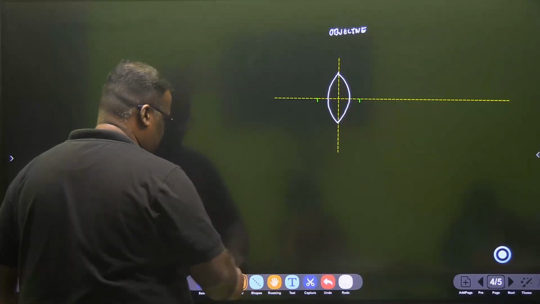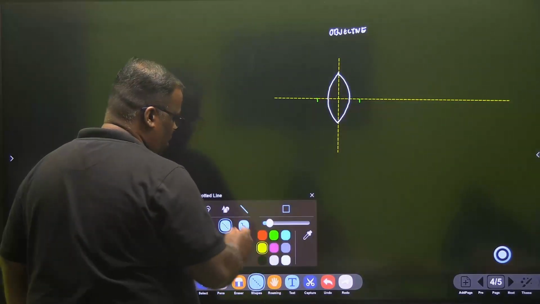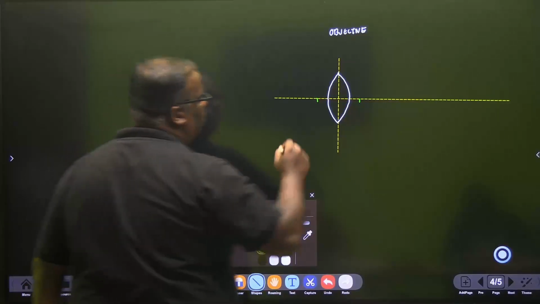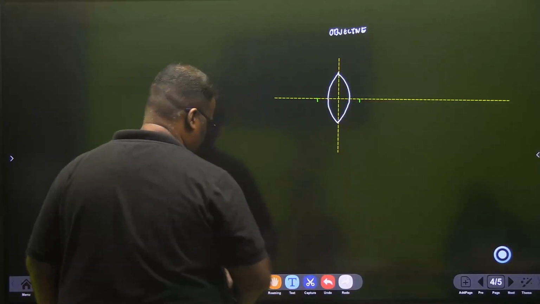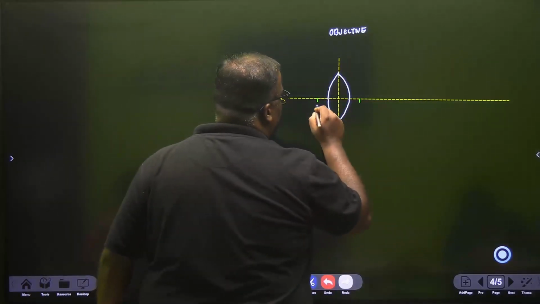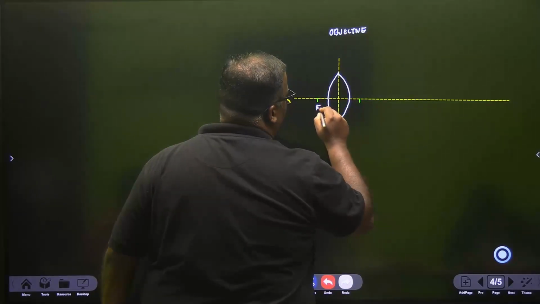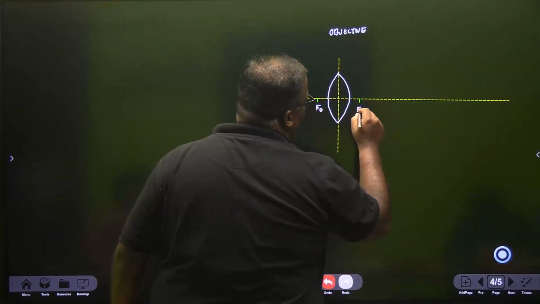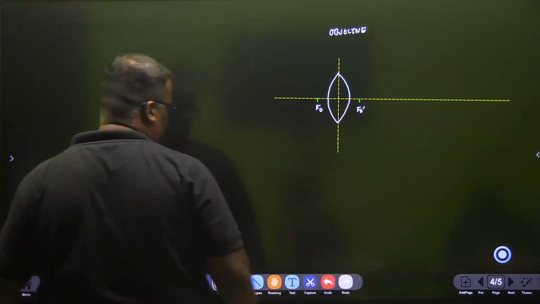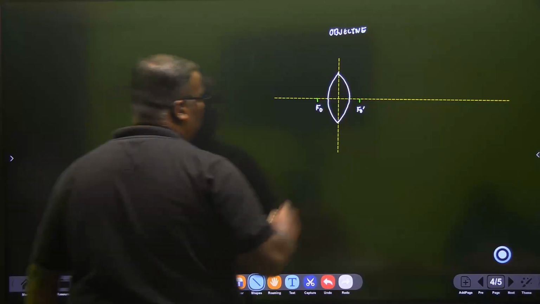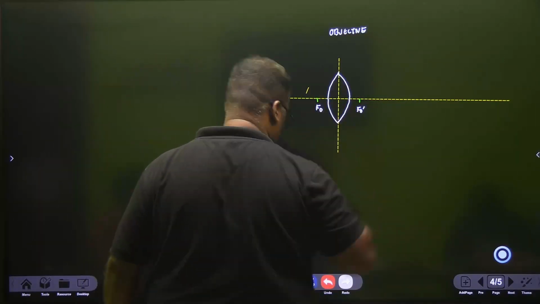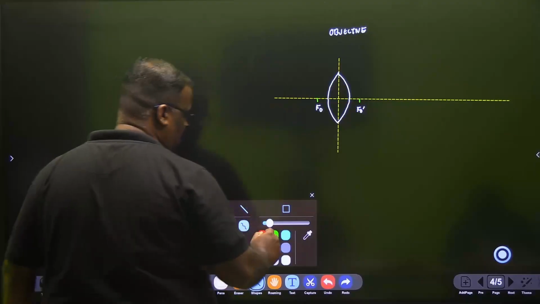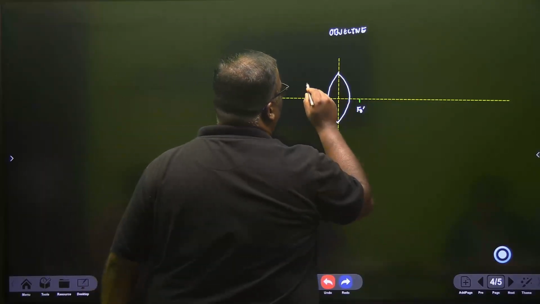So let's try to draw the ray diagram for this. Now, 1 minute, children. This is FO, this is FO dash, right? And let's put the object.